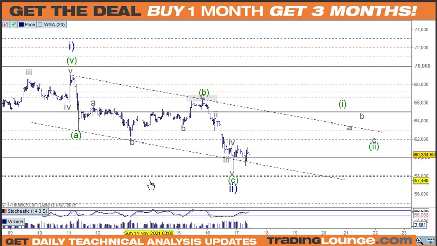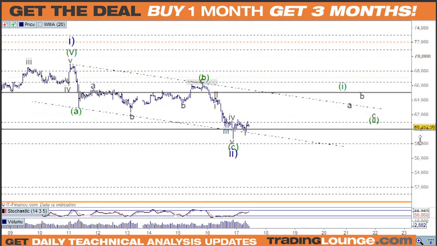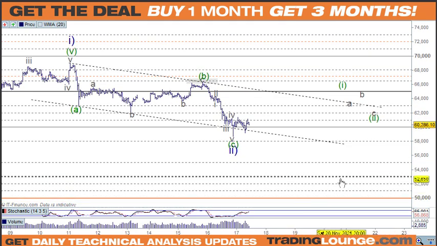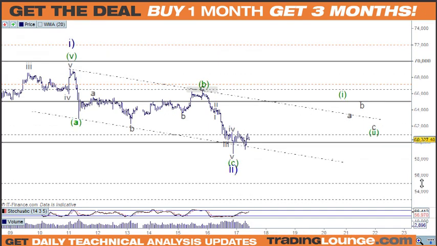The only thing I don't like about this ABC, or two things, is that the wave C is very sharp, so that bothers me and haunts me a little bit, and also the fact that we haven't moved down to our 61.8% here. So that also concerns me as well.